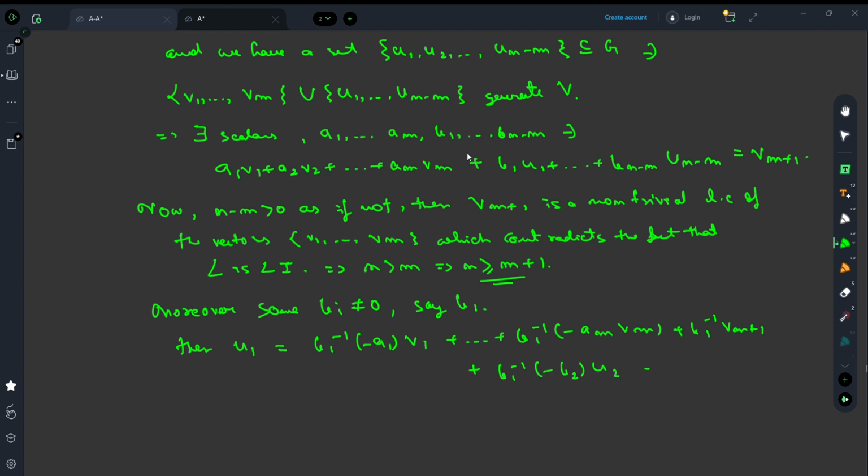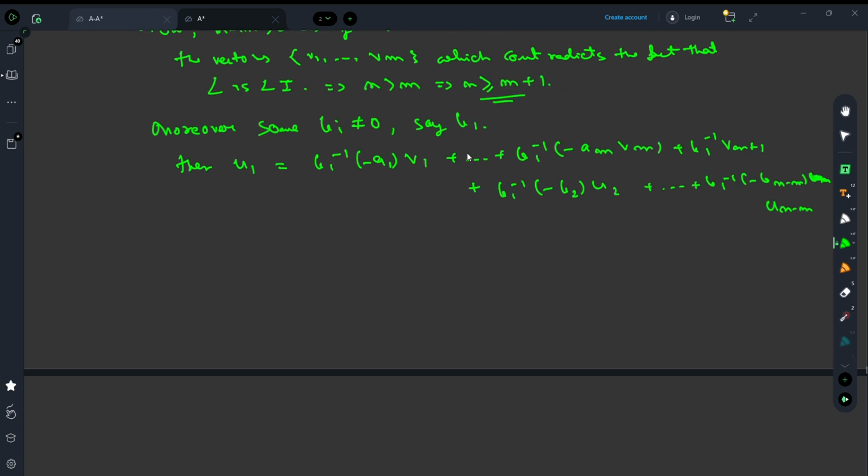So plus b1 inverse of minus b2 u2, and so on till b1 inverse of minus b_{n-m} u_{n-m}, right? Clear?